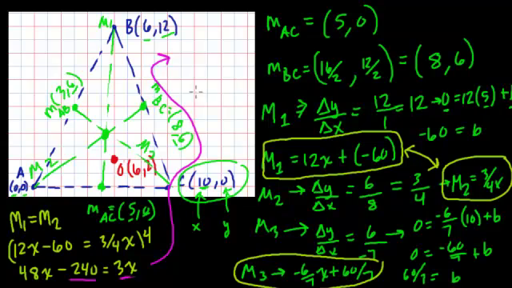So 48x minus 3x is 45x, and that equals 240. So now we do 240 divided by 45, which, if you work it out, we'll get 5 1/3. Or x is equal to 16 over 3, however you want to write that.